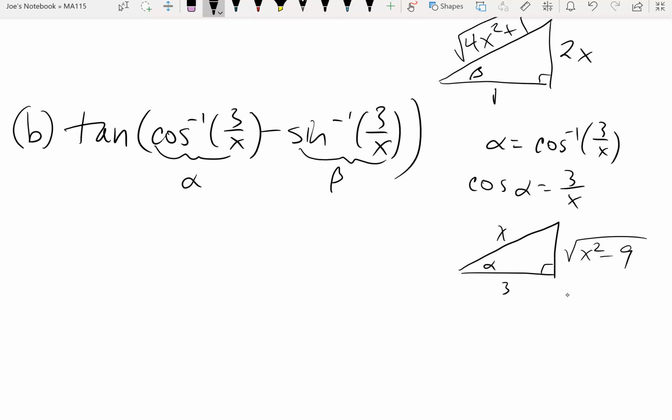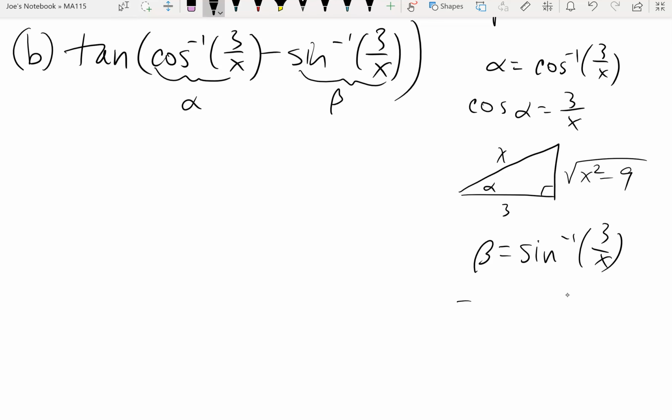If we have beta equals inverse sine of 3 over x, how can I rewrite that equation? Okay, sine of beta is 3 over x. So what sides can we label here?